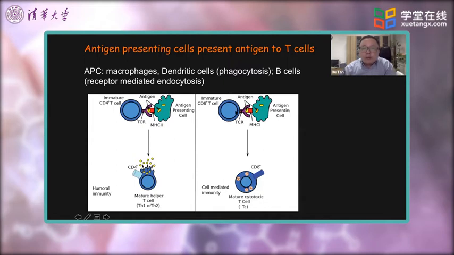When CD8 T cells use their TCR to recognize the foreign peptide, the CD8 T cell also becomes activated. When it matures, it becomes a so-called cytotoxic T cell. Now it has evolved the ability to kill neighboring infected cells. This is the so-called cell-mediated immunity.